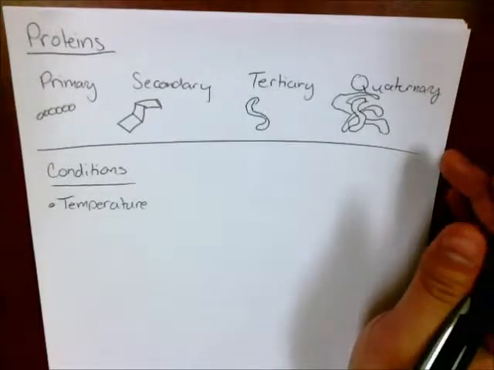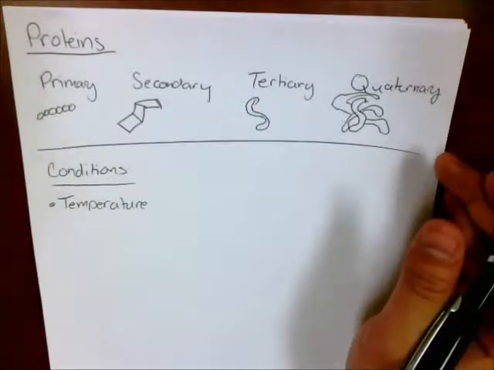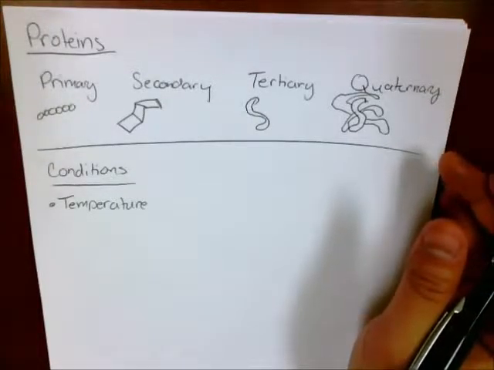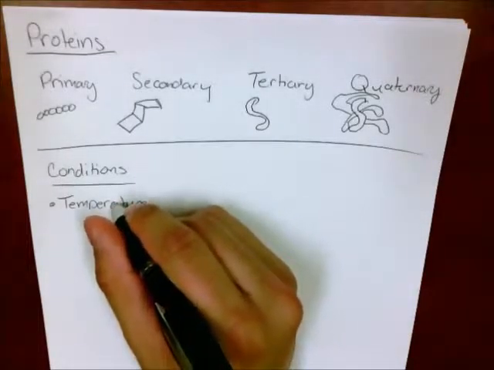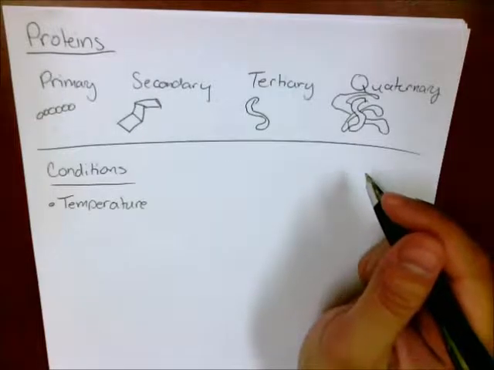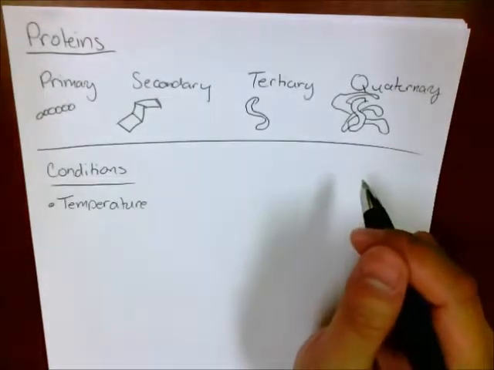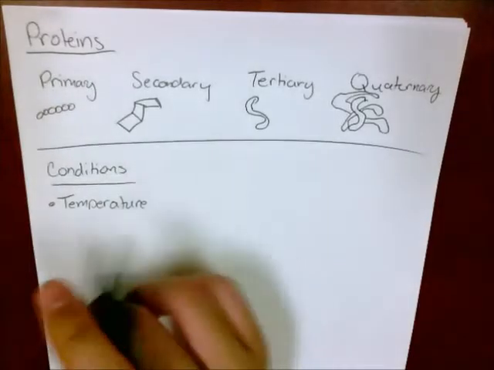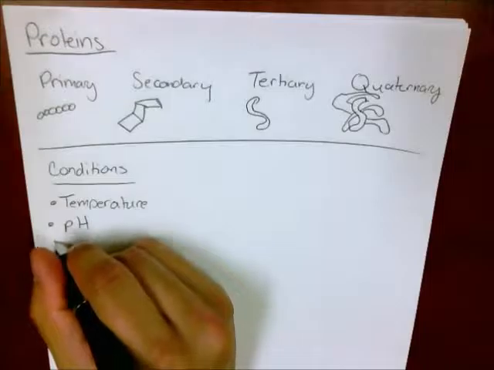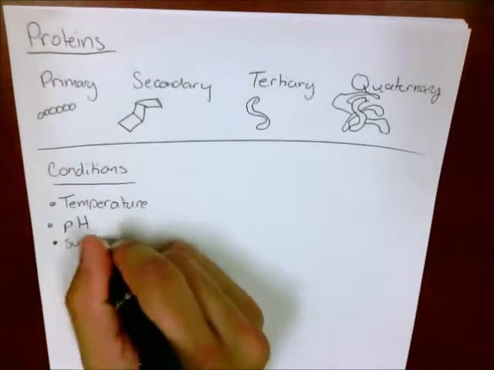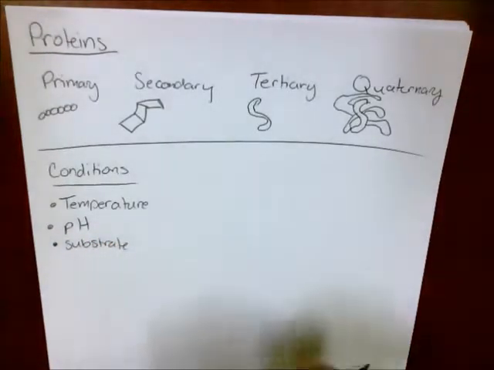For example, it's really, really hard to get the reaction of lighting a match to work if it's windy or if there's no oxygen in the air. Certain things rust easier in warm weather than they do in cool weather, that kind of thing. So temperature absolutely matters. pH is a big deal. Substrate existence. So if you don't have any substrate, obviously you can't do it. But all sorts of conditions like that.